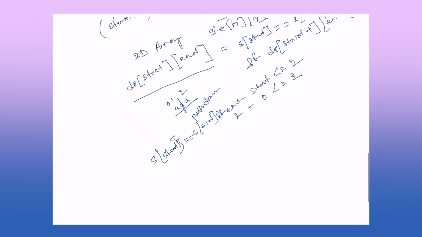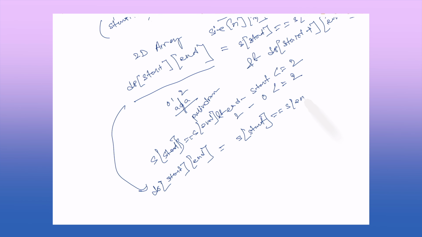Okay, so then we can modify this: dp of start end is equal to s of start equal to s of end.